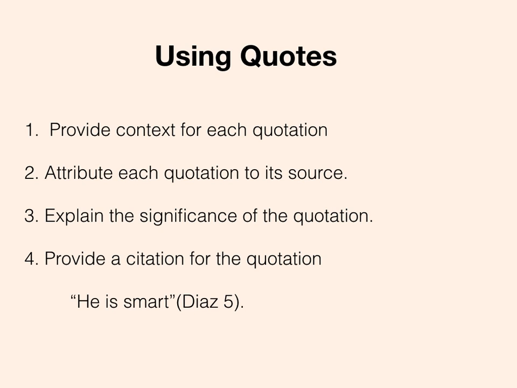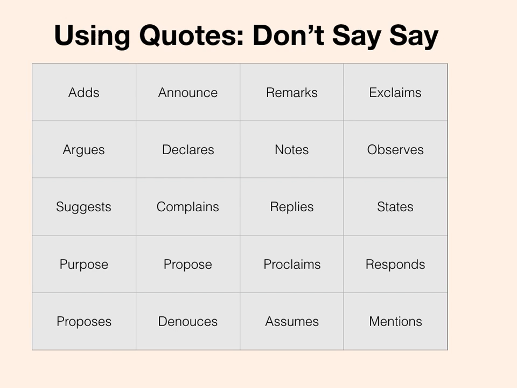It counts as stealing if you don't put that citation. So put the page number in parentheses, then the period. If you notice, the period goes after the parentheses. That's the correct way of doing it. All right, last slide.